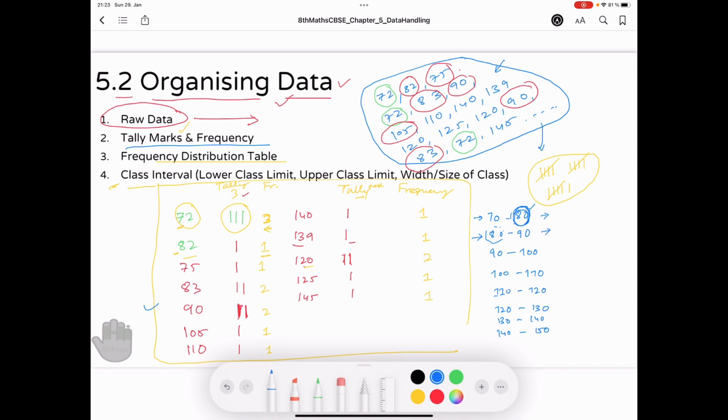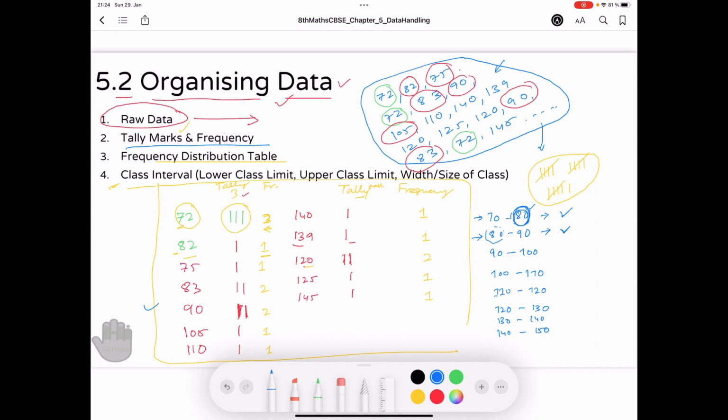We cannot put 80 in both classes, since it could fit in either. So we need to adopt a convention by which a value like 80, which is there in both classes, is considered in only one class.